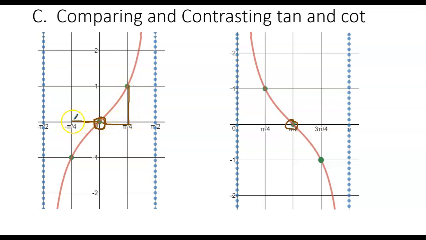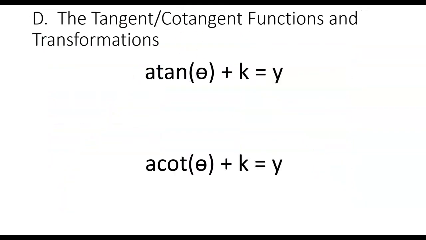Or you go left pi over 4 and down 1 space. Okay? Now for cotangent, it's the other way. We go left and up and then right and down, but it's still pi over 4 and 1, pi over 4 and 1, right? So keep that in mind as we move on to the next segment here.